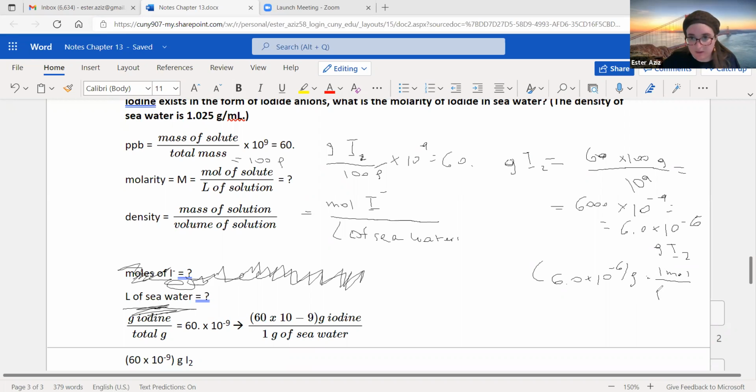So the molar mass of I2 would be 253.8 grams of iodine.